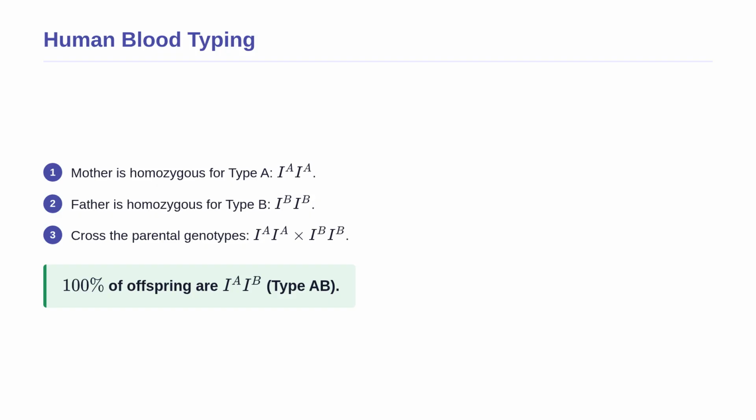The father is also homozygous and can only contribute the I superscript B allele. Therefore, the child must inherit exactly one of each. Because these alleles are codominant, the child's red blood cells will manufacture both antigens simultaneously, resulting in a type AB blood phenotype.